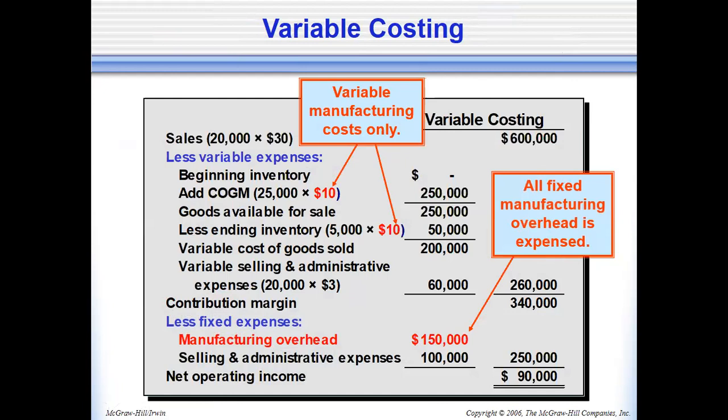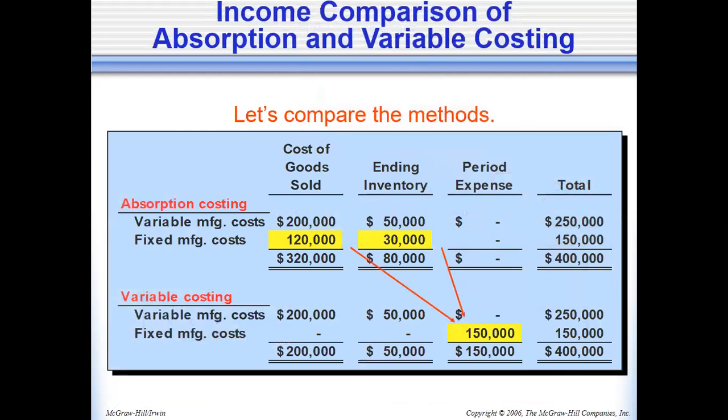So there is a difference of $30,000, in which absorption costing is greater. The reason is that when absorption costing production is higher than sales, the absorption costing net income or profit will be higher than variable costing.